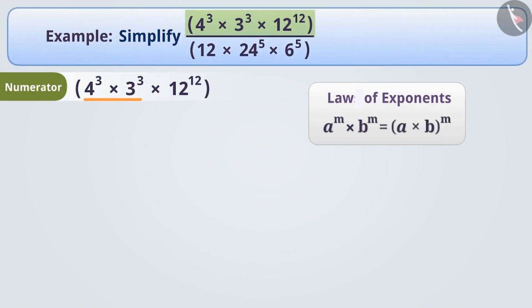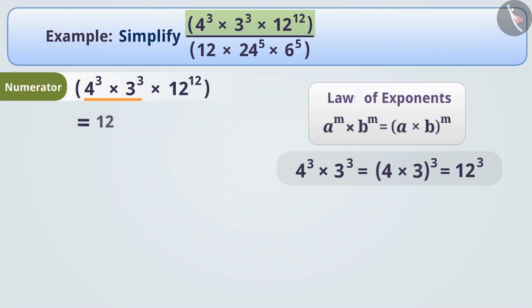According to this law, we can write 4 cube into 3 cube as 4 into 3 the whole cube, which is equal to 12 cube. Now we will solve 12 cube into 12 to the power of 12.